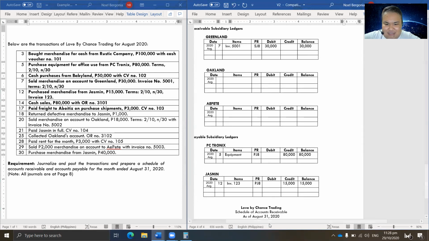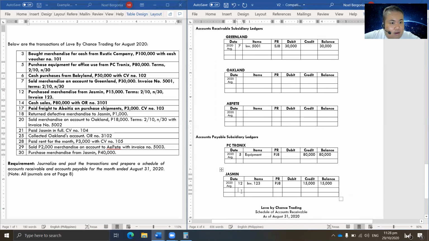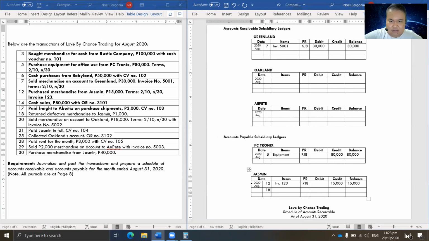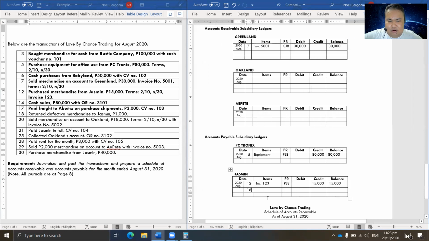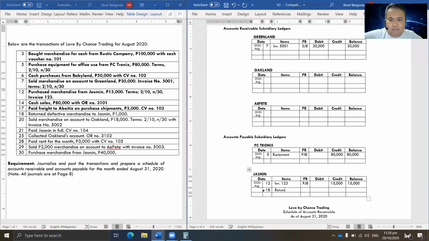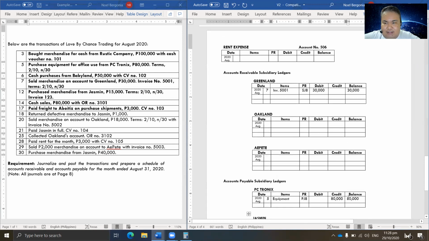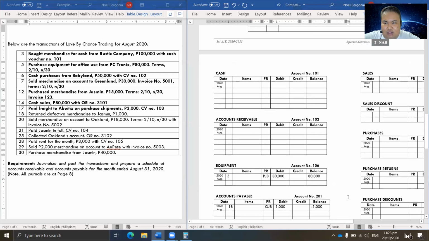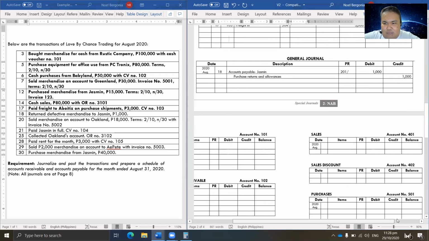Okay, so ayan si Jasmine, no, on the 18th. Okay, so we have a return. Tapos saan galing? GJ, General Journal, page number 8. Okay, magkano yung dinebit natin? 1,000 peso. Okay, so magkano na lang remaining balance ng utang kay Jasmine? 14,000 pesos. Okay, so since na-post din siya sa subsidiary ledger, what we need to do is balik ulit on the journal and post as well on the posting reference na siya po ay na-post na.